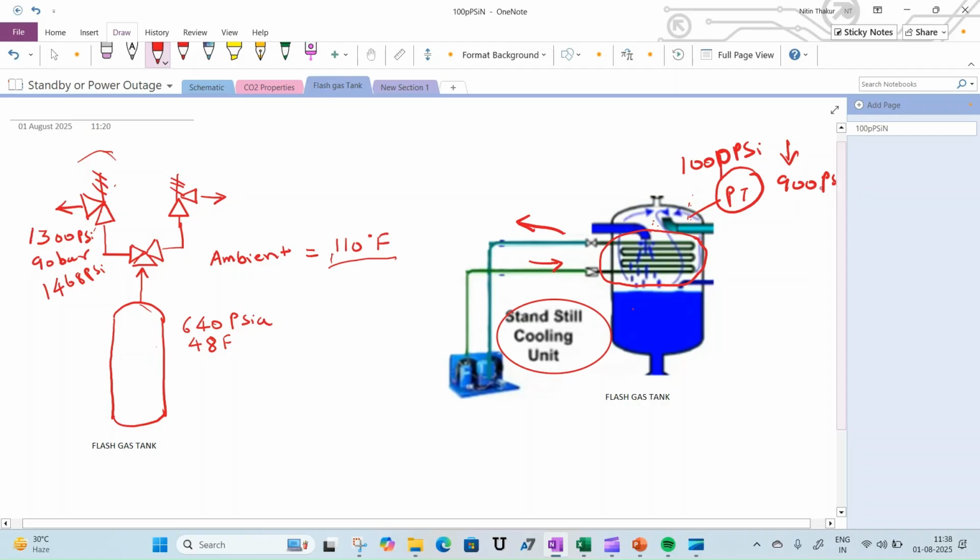Once it reaches 900 psi, the standby cooling unit stops and the pressure is maintained and monitored.